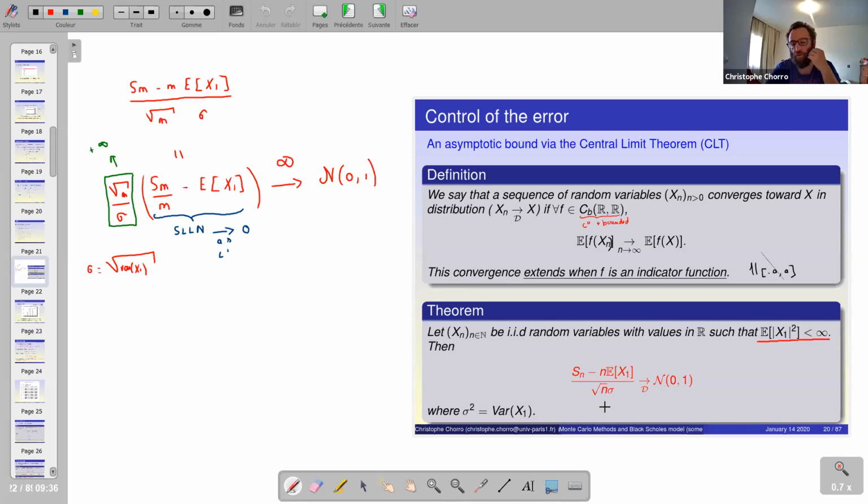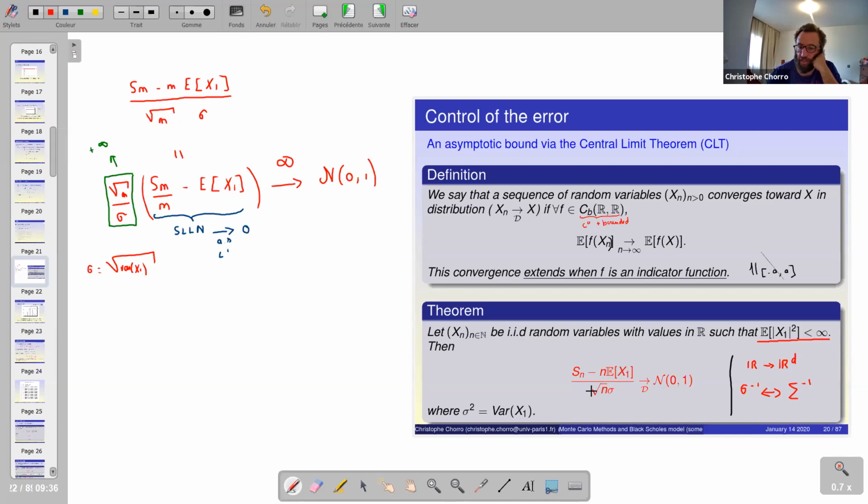And what is nice is that if I replace sigma, so let's write it this way, if I change R into R to the power D, but I will replace sigma minus 1 by capital sigma minus 1, where capital sigma square is the variance covariance matrix.